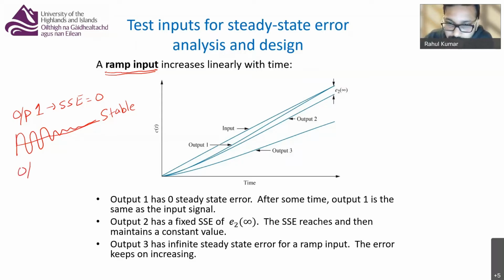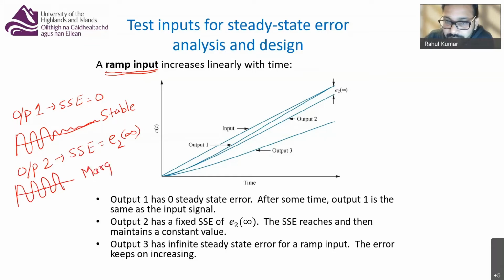So I will have a constant steady state error, which is E2 infinite. That means my error is neither increasing nor decreasing, so my system will be marginally stable. That's your output 2.